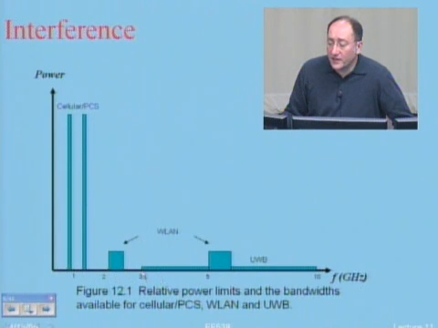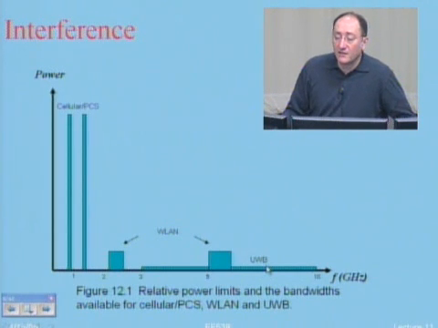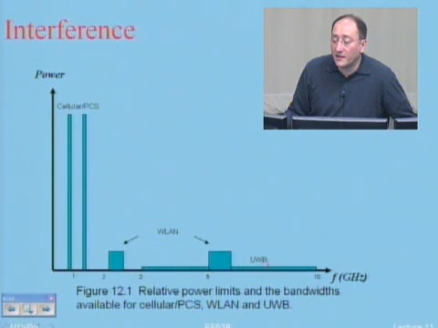Now, if you take this band from 3 to 10 gigahertz for ultra wideband communications and want to compare it with other systems we were looking at, we want to use this band for ultra wideband and WPANs. But before it comes to the market, we have the cellular band at 900 megahertz, and PCS bands at 1.8 gigahertz.